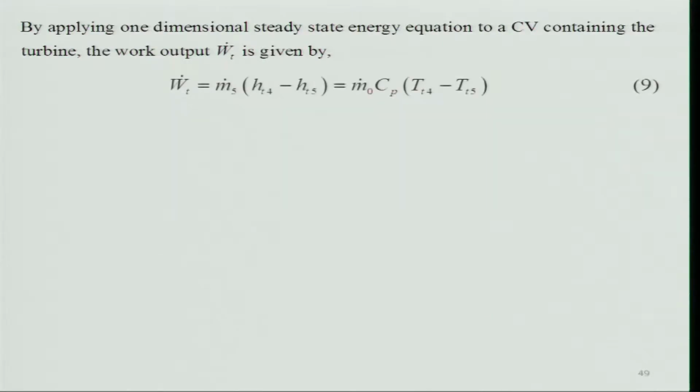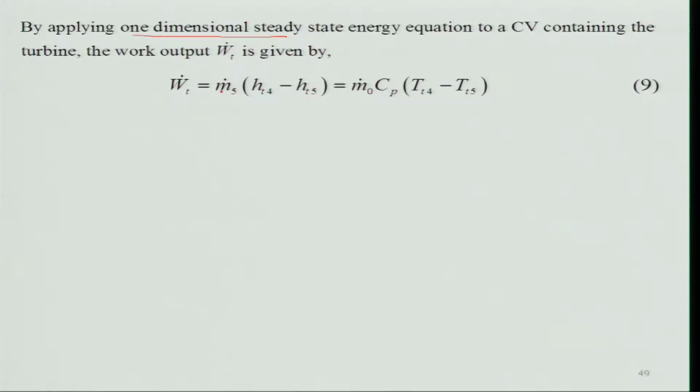And very important, we now need to relate the turbine work to the compressor work, because we have to get a relationship between the compressor and turbine. So we will assume the one-dimensional steady state energy equation and apply it to the control volume.